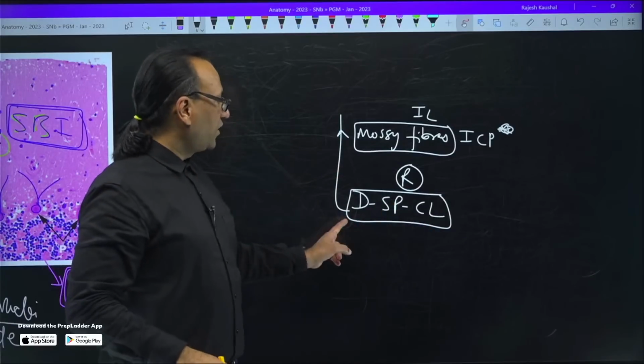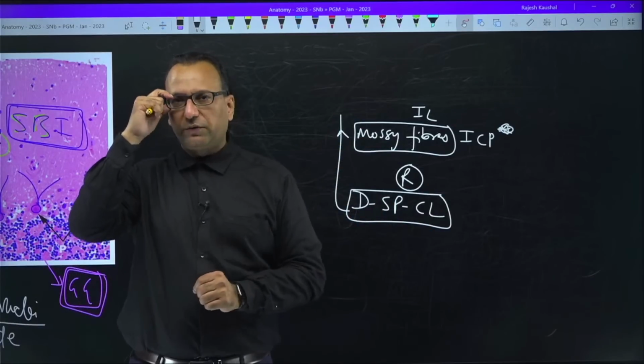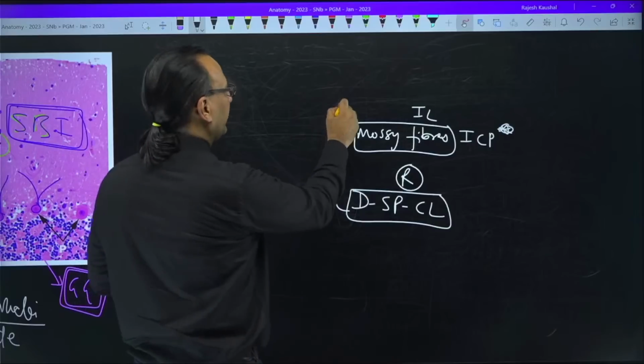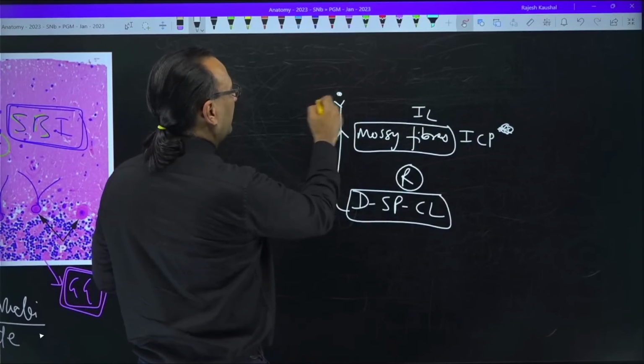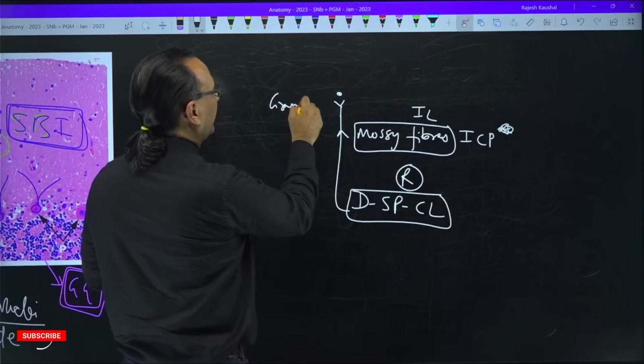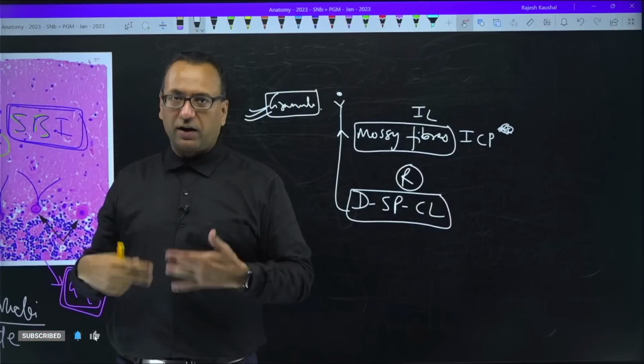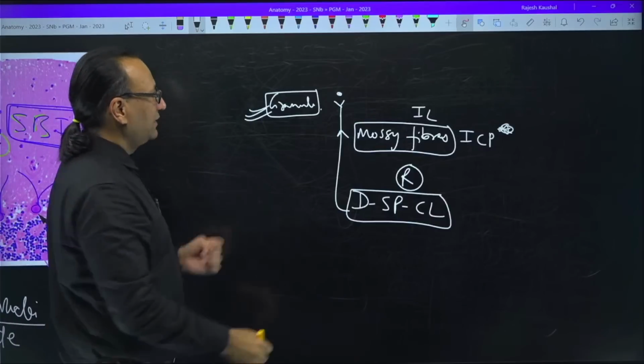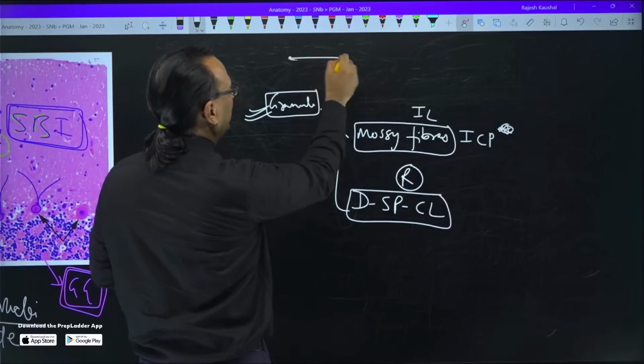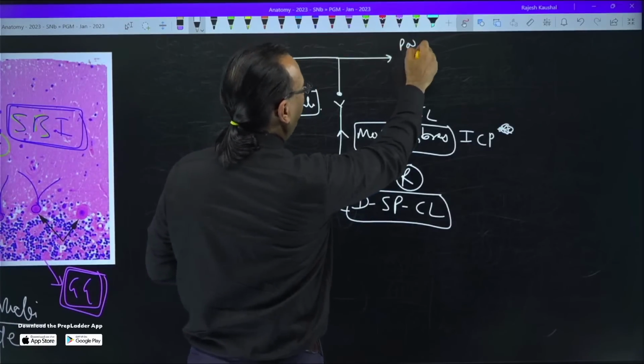So the right-sided dorsal spinocerebellar tract is creating mossy fibers, and these mossy fibers synapse on the granule cell, the granule cell which is in the granule layer of cerebellar cortex. Then the granule cell will give some fibers which run like this. They are called parallel fibers.